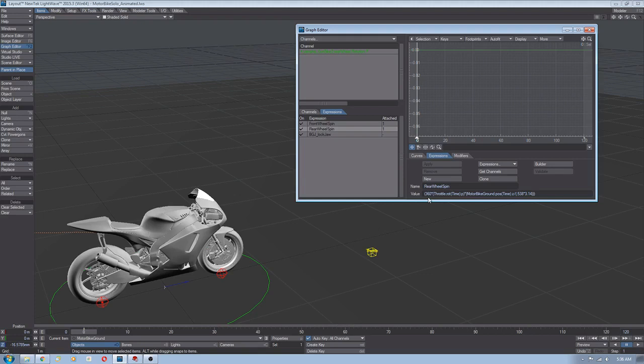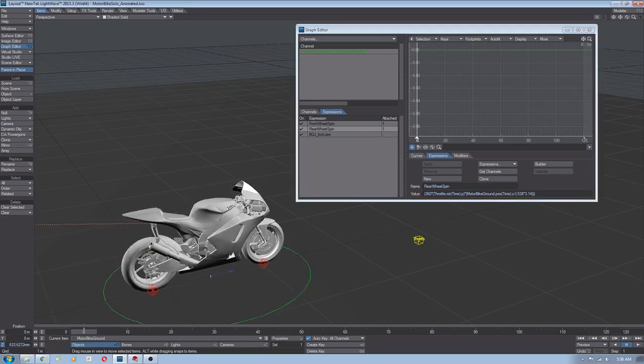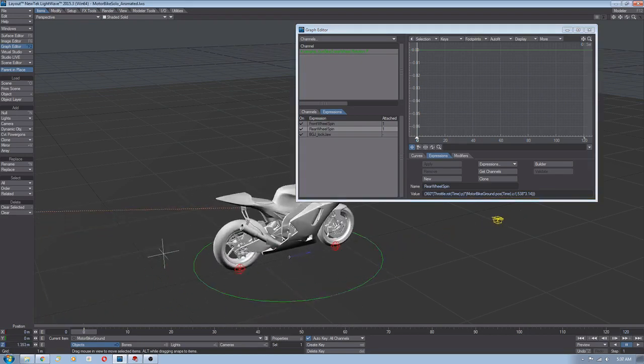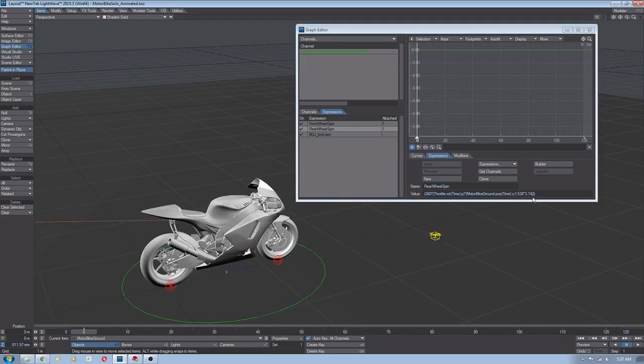And so basically all that's going on is for the pitch channel of the real wheel, for every 360 degrees along the pitch value, rotate based on the z value of motorbike ground, which is what I'm using to move the vehicle back and forth, divided by the circumference.